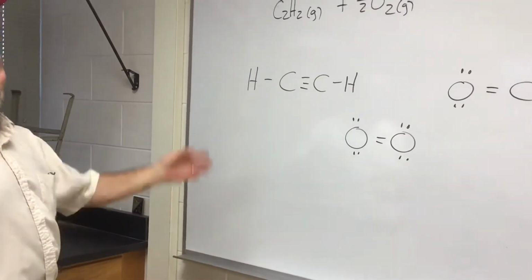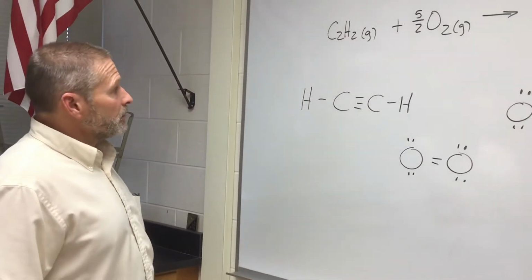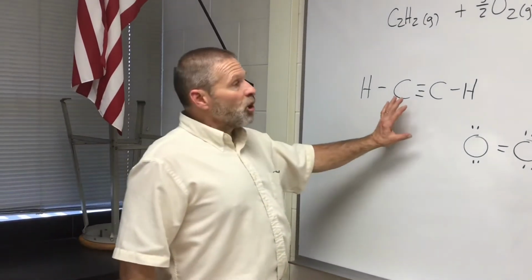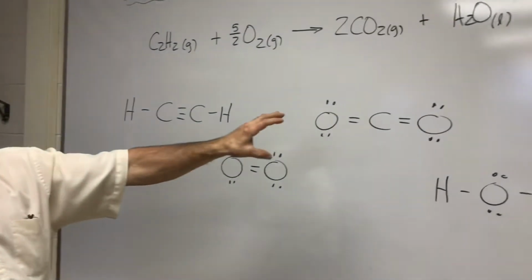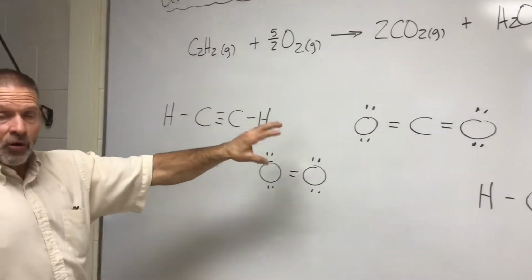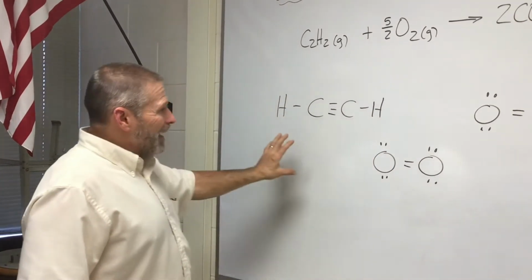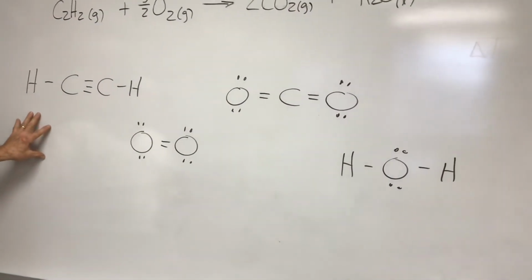And that's endothermic. Energy must be put in to break the bonds. Sometimes you get lucky. Sometimes you don't have to break all the reactant bonds because some of them remain in the products. And then you don't have to worry about breaking and reforming the same bond. But I don't think that's going to happen here.